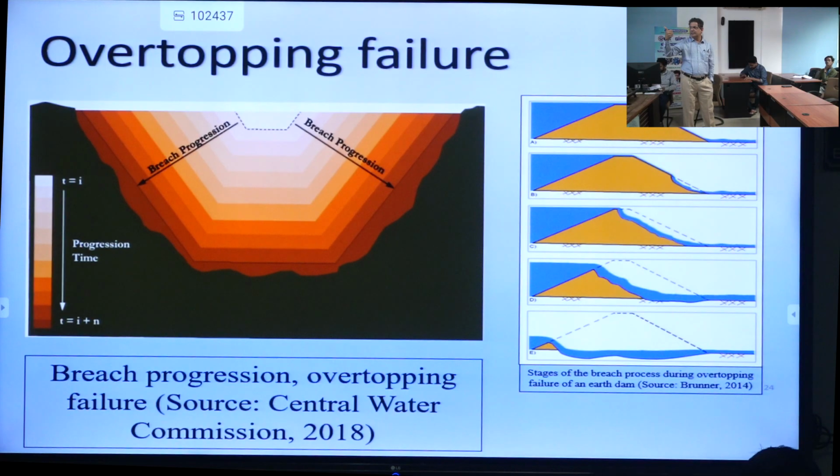But if it is a concrete dam, usually when they construct the dam, it is based on some slabs, so one slab will be removed. So it is very fast, something like 5 minutes, 6 minutes, that kind of thing we give. So these are different failure procedures, and this information is to be provided to the software. Accordingly, the software will simulate the dam break process.